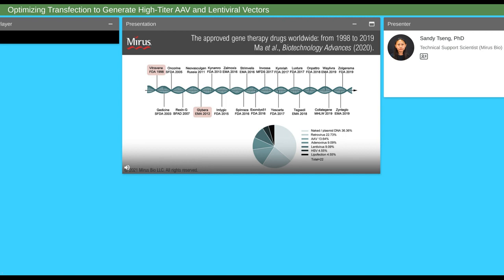And it was discontinued because it was costly relative to its utilization. And Glybera was an AAV-based gene therapy, and virus-based therapies, as you can see here in this pie chart, make up a significant portion of the 22 approved gene and cell therapies.